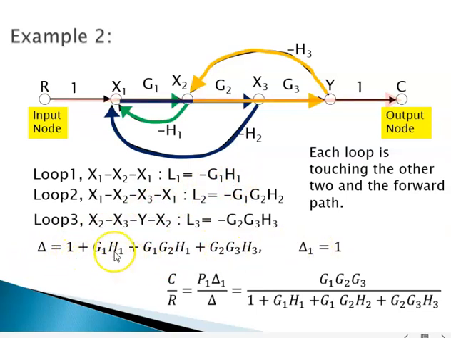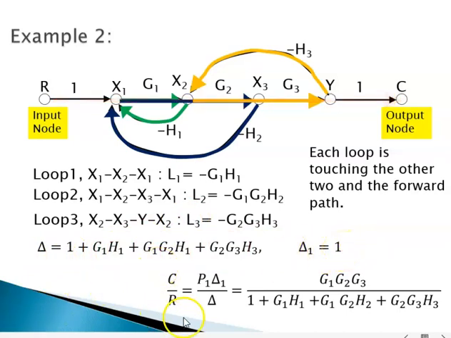You have 1 plus G1 H1 plus G1 G2 H2 plus G2 G3 H3. From these terms, because all the three loops are touching the forward path, you need to remove contribution of L1, L2, L3. If you remove all those from delta, you are left with delta 1 is equal to 1.